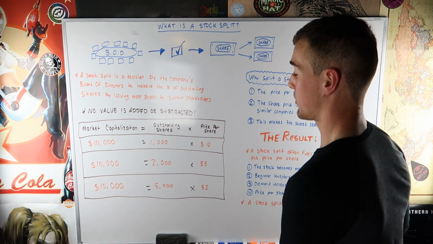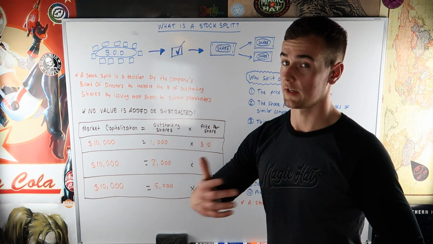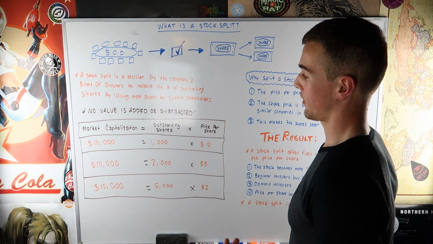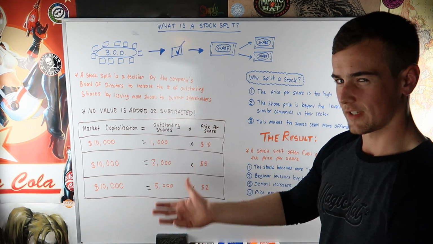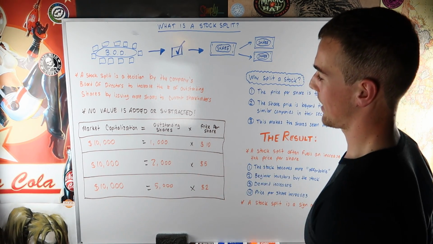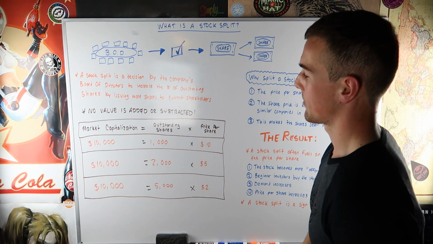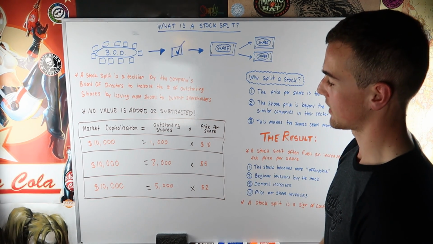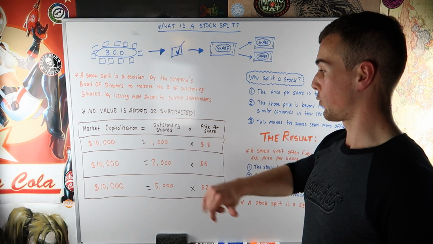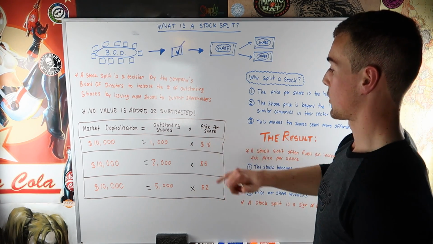I have a couple of examples here just to demonstrate how this is actually accounted for in the price per share. Now these numbers make no sense. I just threw them in here for easy math. Let's say this company has a market capitalization of $10,000, and they currently have 1,000 shares at $10 per share.